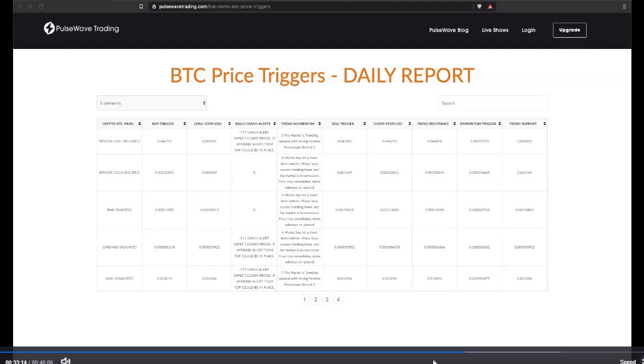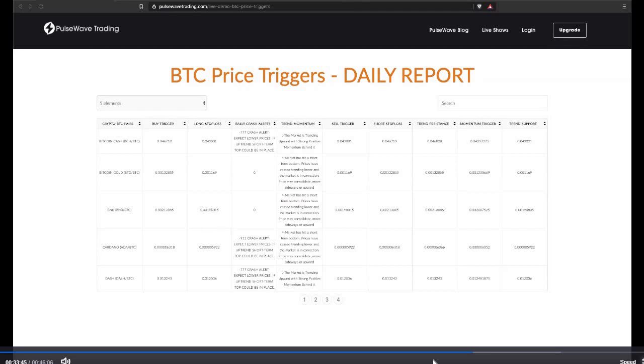So for example, if you take a look at the BCH, the first one there, it's telling you that we have a crash alert. We're in a bull market, but we got a crash alert, meaning that we may have put in a short-term top. So you're going to look there at your sell trigger, and the system is telling you, if the markets hit this number, it's important, because this is where there are tons of orders sitting there waiting.